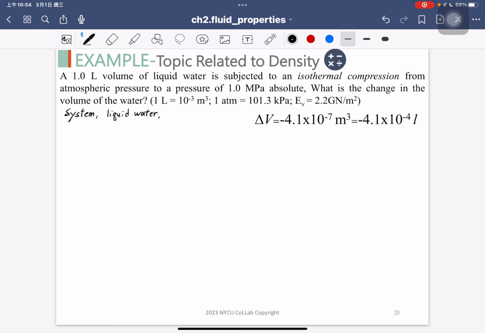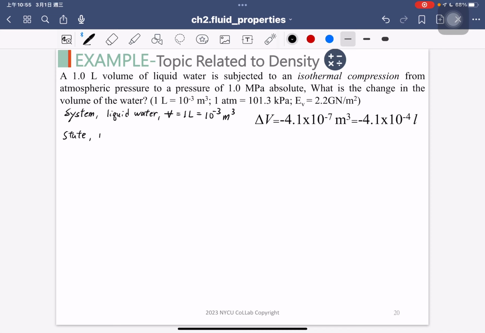And we know the initial volume of the liquid water is 1 liter, and 1 liter equals 10 to the minus 3 cubic meter.